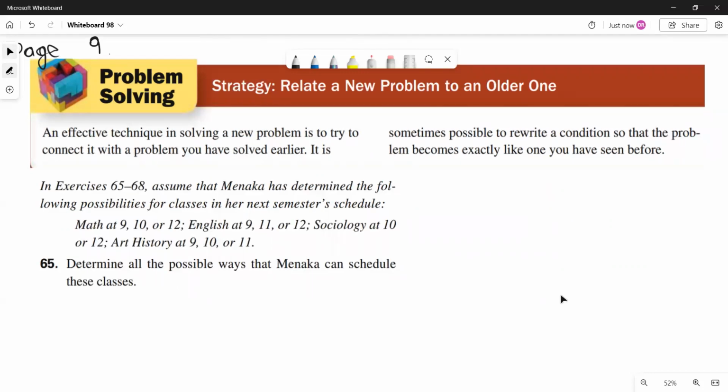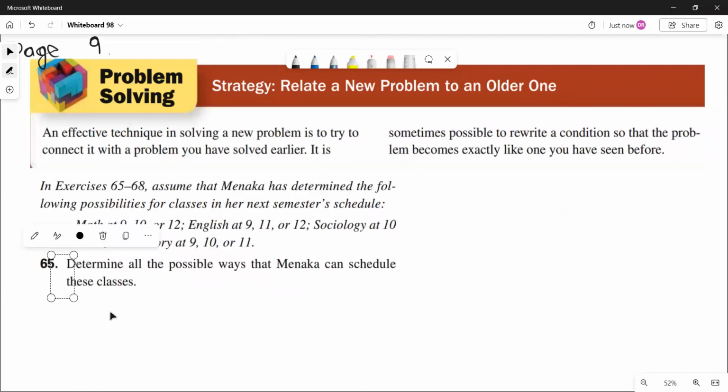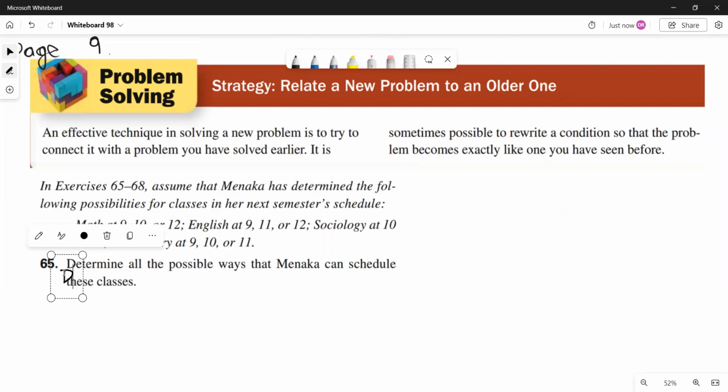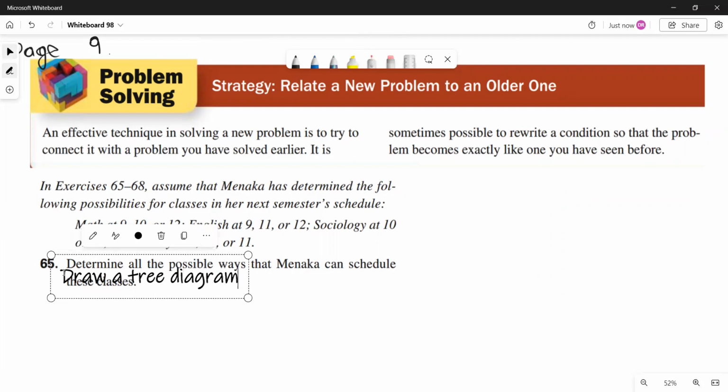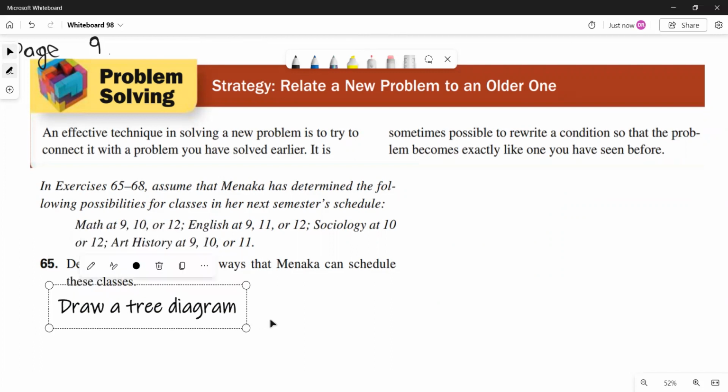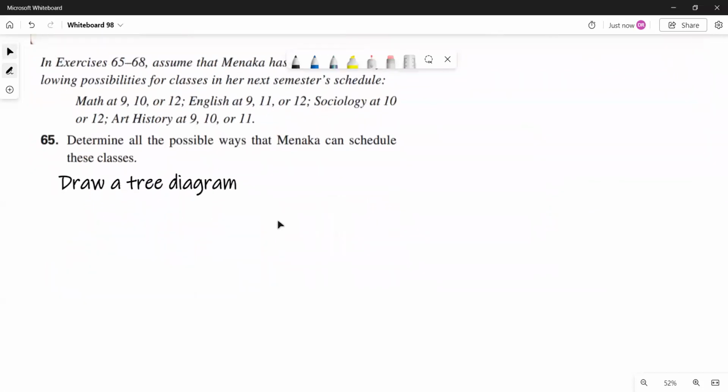So relating that new problem to another one, we're going to draw a tree diagram. We're going to call these courses, we're going to give them names. We're going to call M, stands for math. E stands for English.